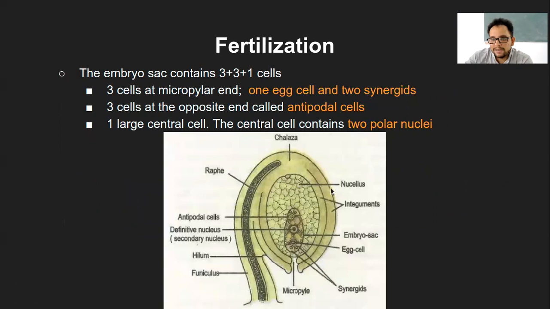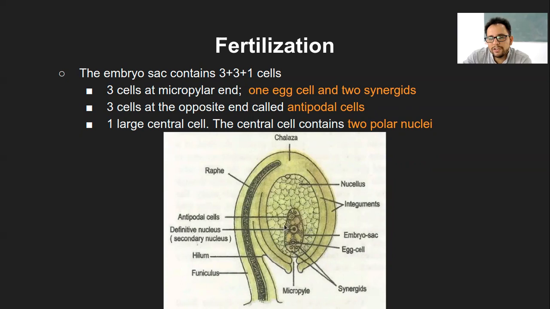Now, what we have seen so far is the integument on the outer side, the micropyle, which is the opening between the integuments. In this inner portion, you can see the nucellus, these round or irregular shapes inside. These are all nucellus, and within that nucellus is your embryo sac.